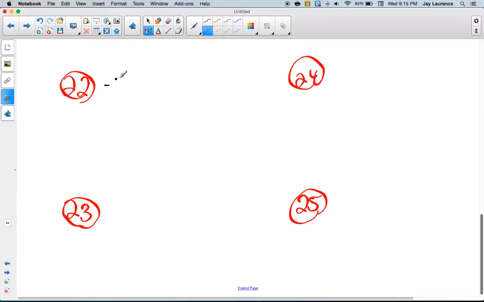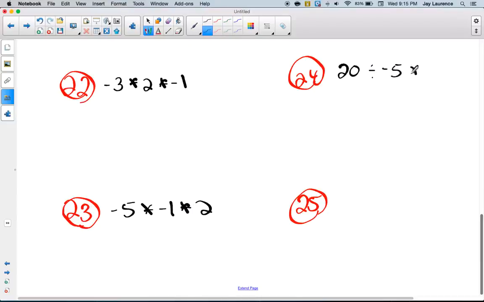So we're going to do negative 3 times 2 times negative 1. 23, we're going to do negative 5 times negative 1 times 2. 24, we're going to do 20 divided by negative 5 times 1.